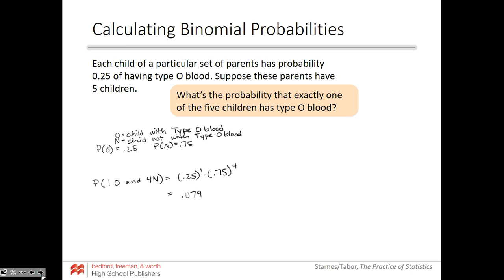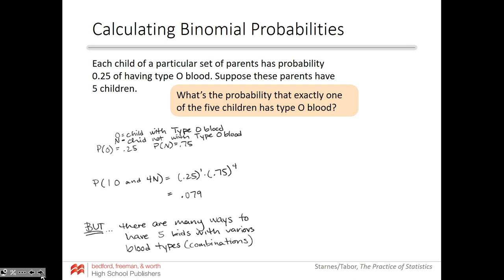Because these things are independent, I can just multiply these probabilities together. So 0.25 times 0.75 to the fourth. That's one kid with type O, 4 kids not. That gives me 0.079.